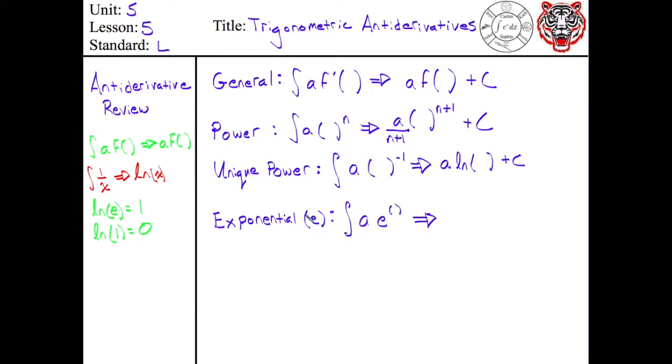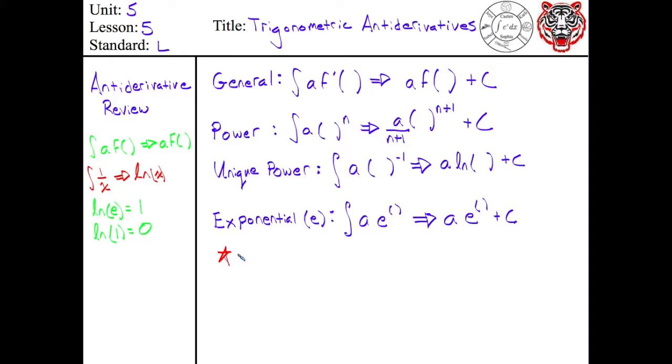All right, so moving on to e house, we're talking about this inner on the top. So what is this going to turn into? That's going to be my same a, e, and its e house stays the same, to the power of whatever, plus c. And then how do I know when to use u substitution? These are all the different houses that we've learned so far to go backwards. When do we use u substitution? When do we use taxman? And we'll make a note here.